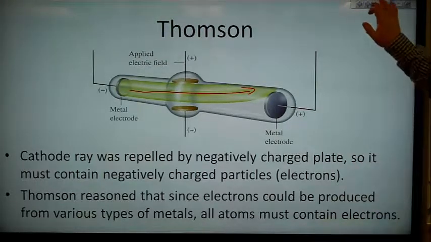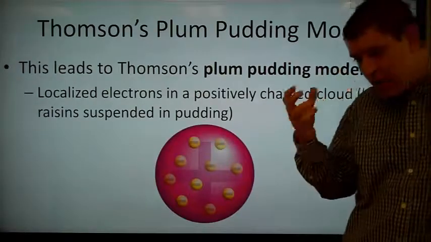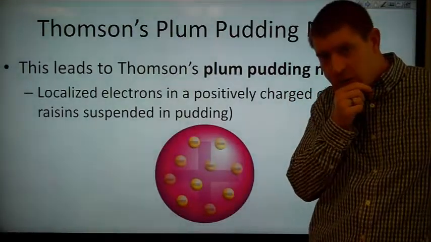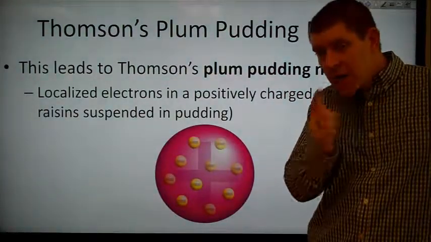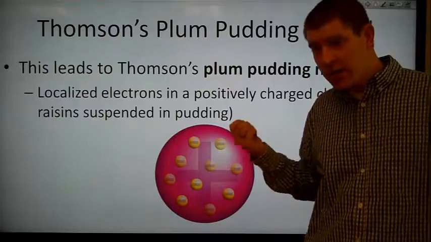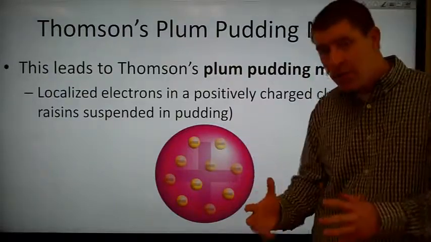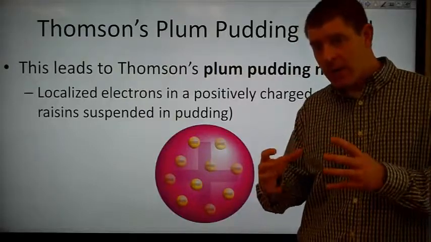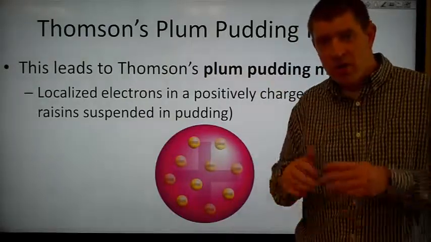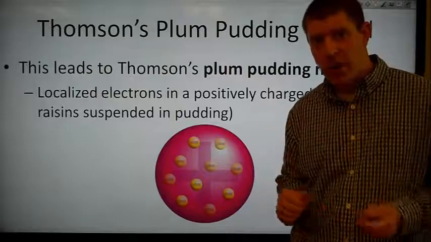But that means that if all atoms contain negatively charged particles, then the atom must not be indivisible. We must be able to get these electrons out. Which means that now, finally we have an image of an atom that isn't just a sphere that is all one solid bit.